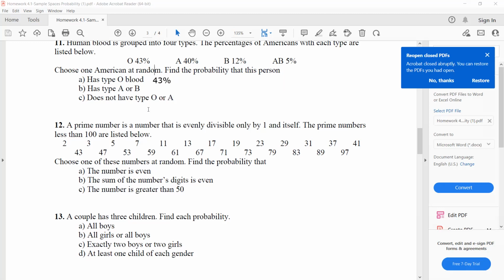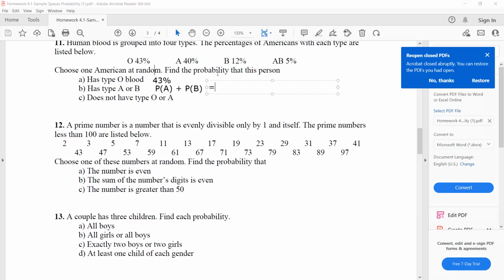How many people have type A blood? 40. How many people have type B? 12. Don't confuse that with AB. AB means they have both at the same time. AB is different than either one of these two. So in this case, you're just looking at the probability of type A plus the probability of type B. That is always a little confusing for students.